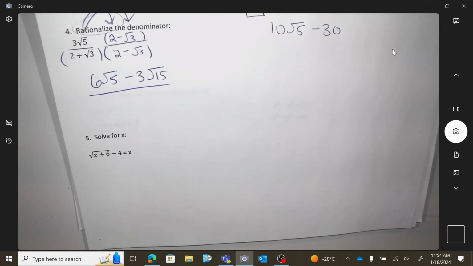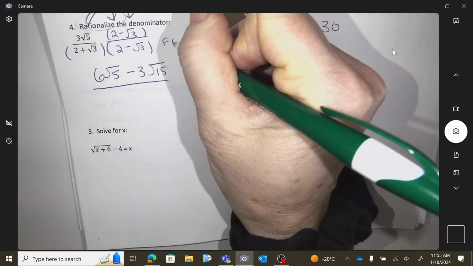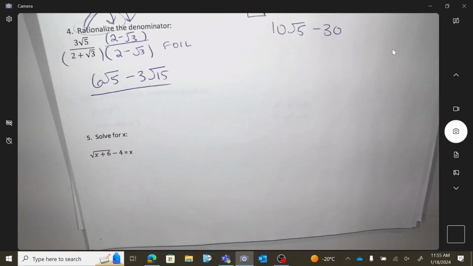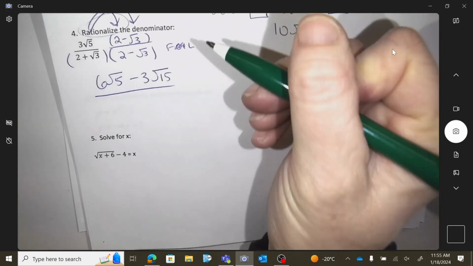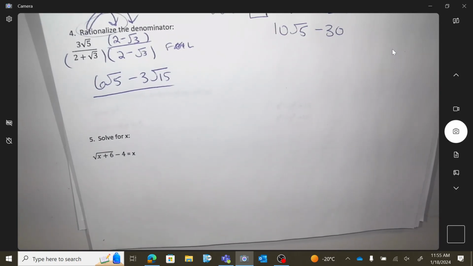Okay, so now the bottom. 2 and 2 means I would have to do a FOIL, right? But there's something special about conjugates. Do you remember what's a nice shortcut? Those will cancel. That's why that plus minus would cause that cancel. So you can shortcut it.